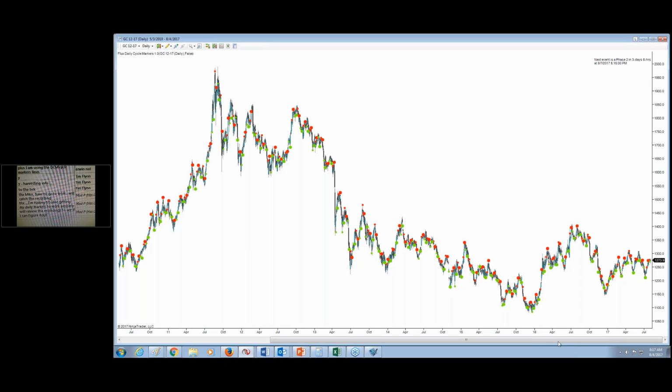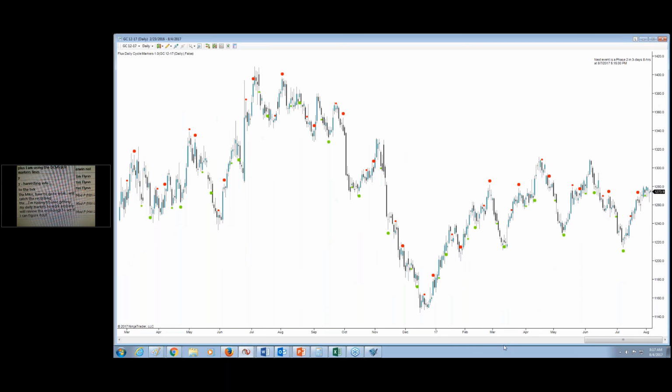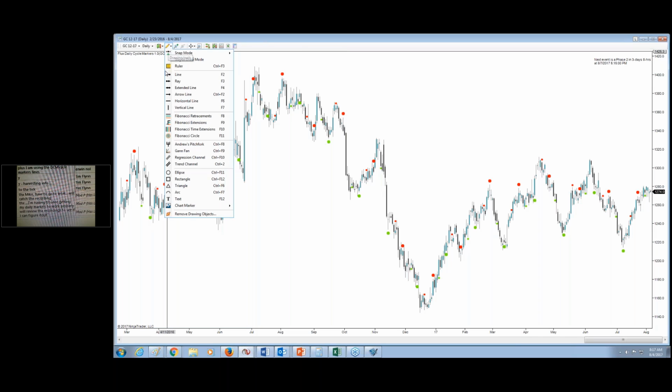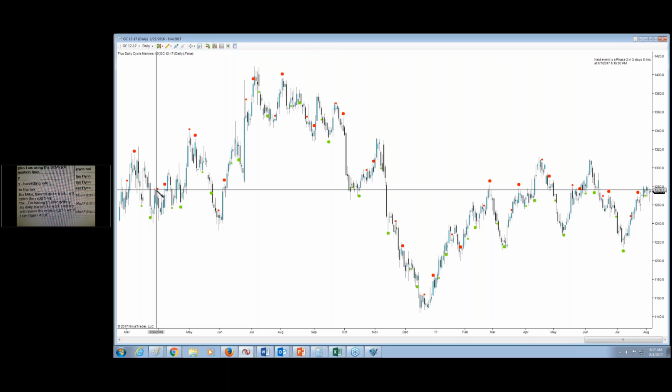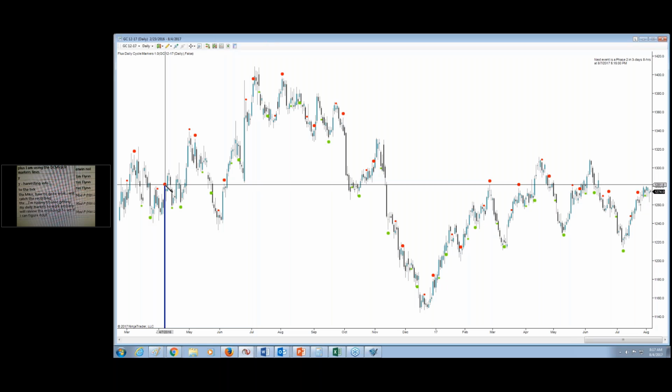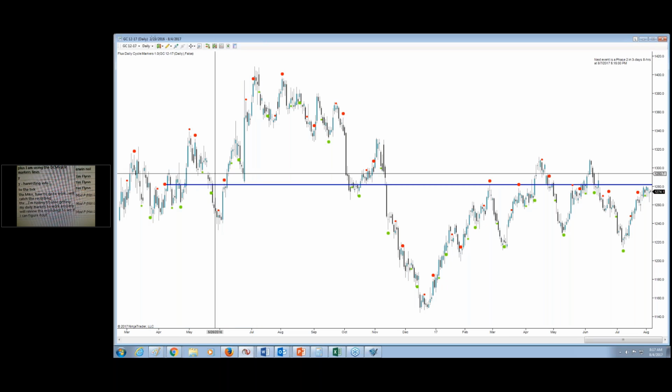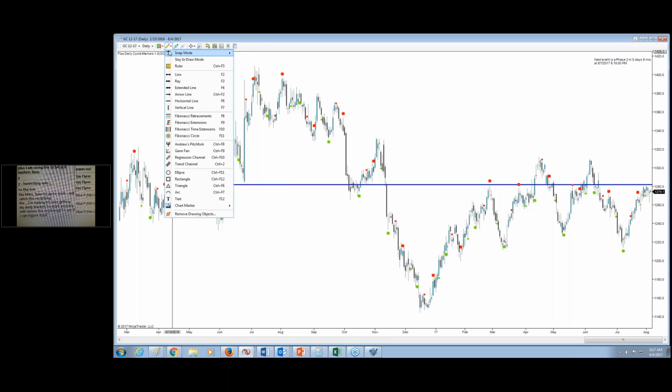Now, we're focused in this area, right? First thing I want to point out, it's a little weird, but it's Friday. I'm going to put a horizontal line, Tim, through every one of the red dots in a certain area. Ready?